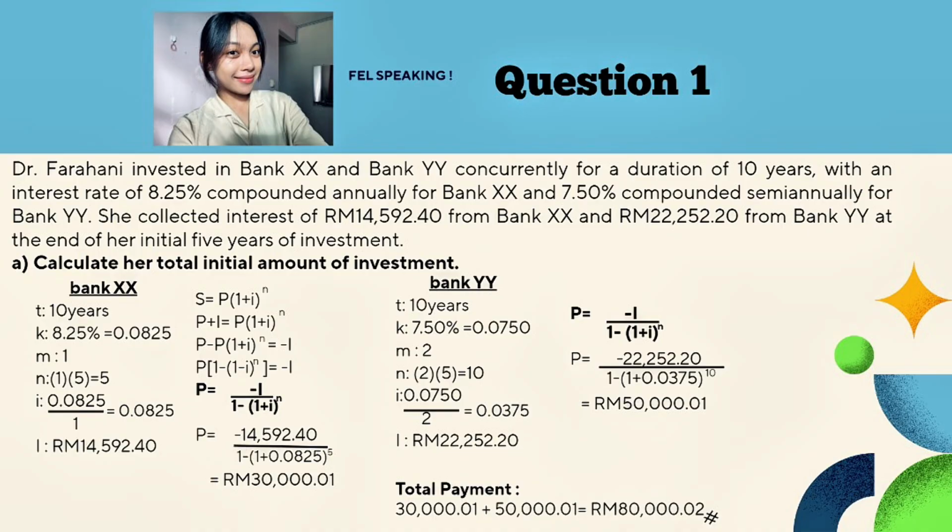The question asks for the total initial amount, so we add both of the P from Bank XX and Bank YY. So the total is 30,001 cents plus 50,001 cents equals 80,002 cents. That is the total payment.